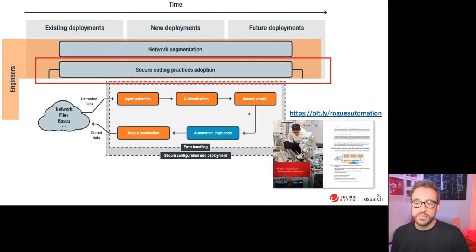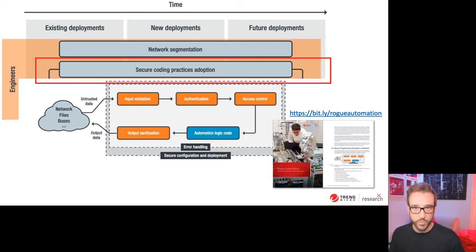In our paper that is available at bit.ly/ROG automation, we focus instead on secure coding practices. So we port the main concepts that are well known for IT programmers to develop secure programs. We adapt them for OT development folks, for an OT development audience.